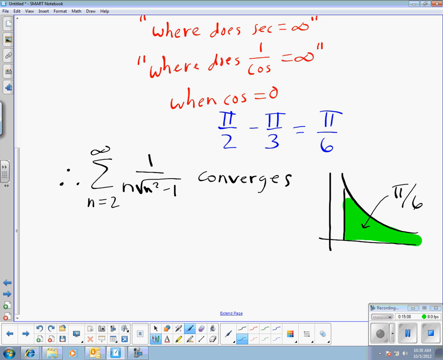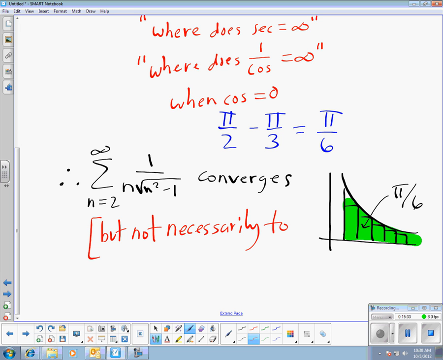This is some number, but not necessarily pi over 6. So your conclusion is that your series converges because your integral converged, but not necessarily to pi over 6. So don't say the sum of my series is pi over 6.